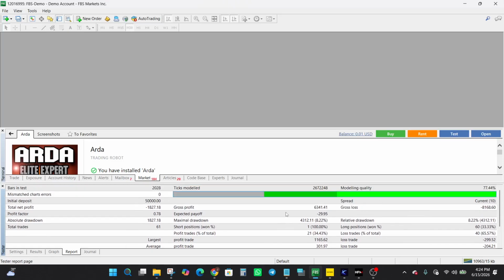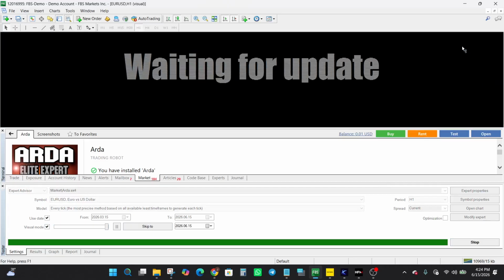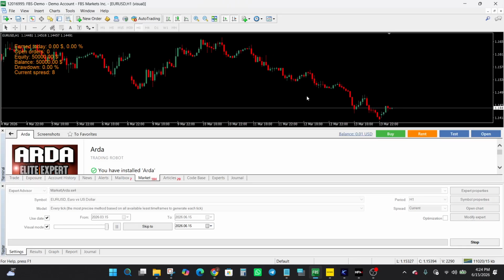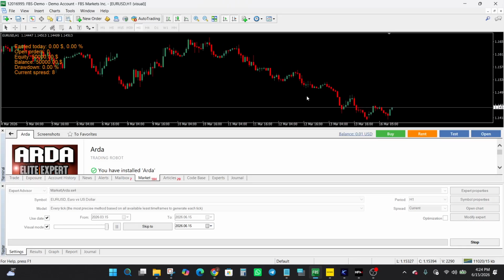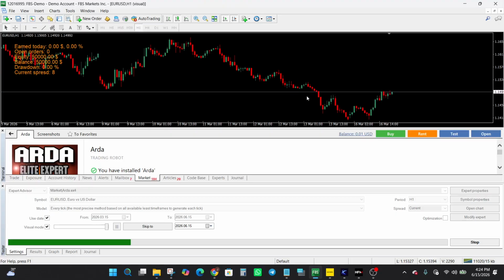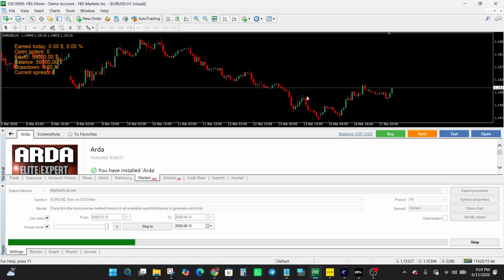All right. Well, let's just also look at the EA in action. So I'm going to turn on the visual mode right away. Same settings. Okay, so as I review the historical chart activity, the information provided suggests that entries are influenced by a combination of technical indicators and price pattern analysis.